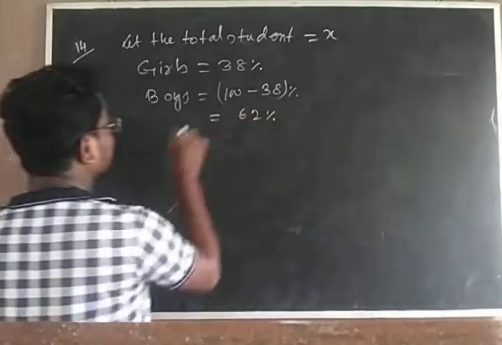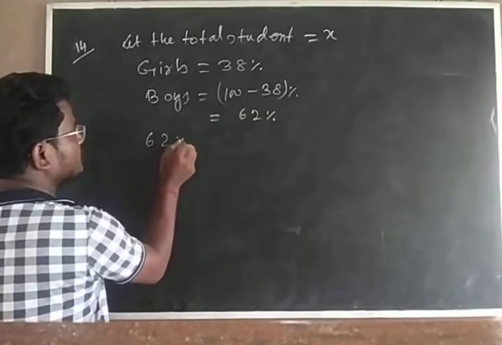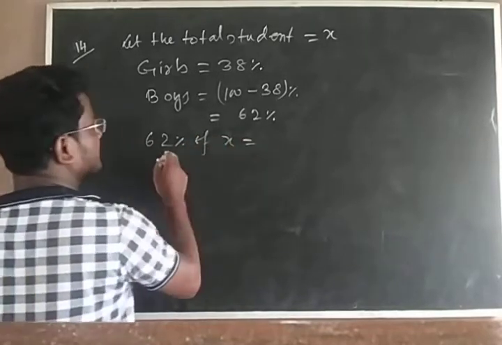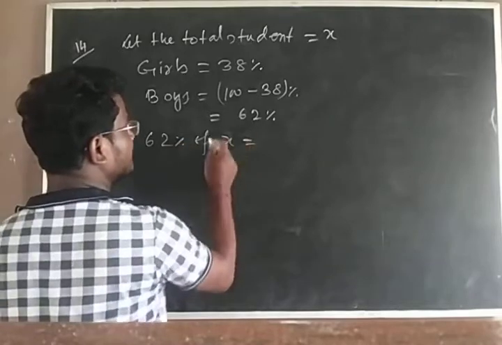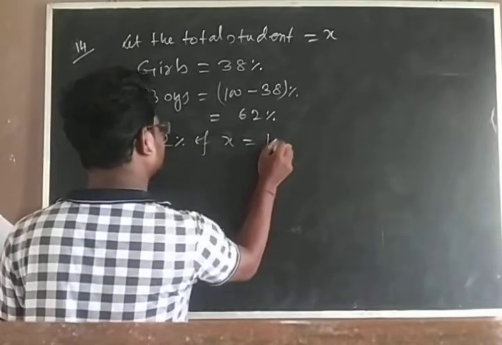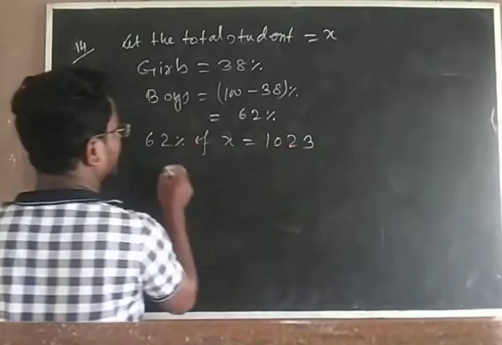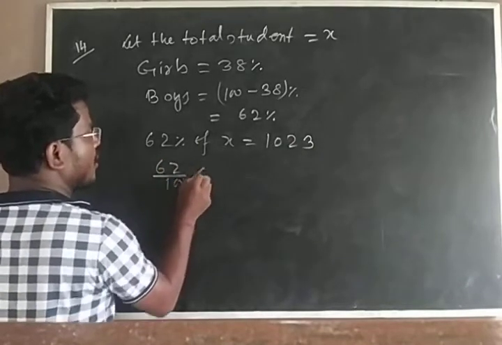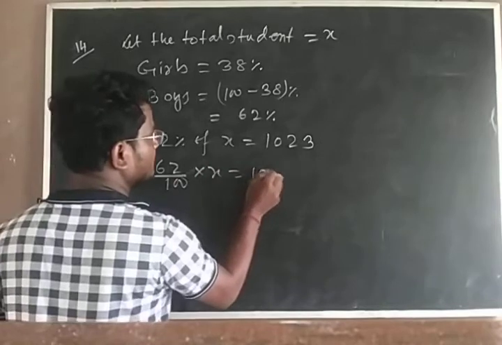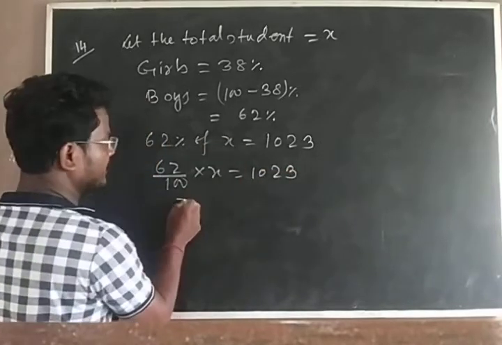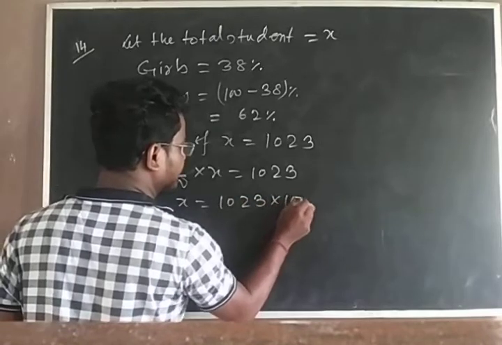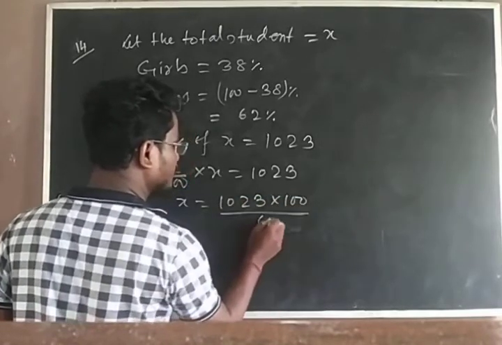Now 62% of x means 62% of the total students is the boys, and it is given equals 1023. Therefore we can write 62 by 100 of x equals 1023. Therefore x equals 1023 into 100 by 62.